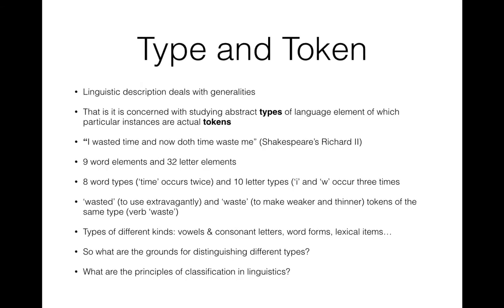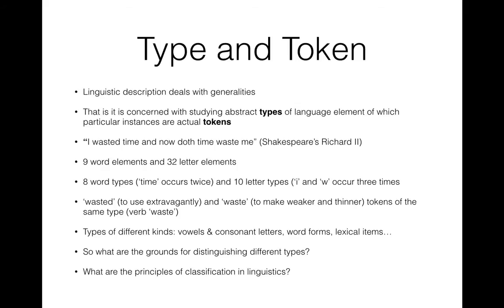Now, the first thing we need to understand concerning principles and dimensions of analysis is this dichotomy, type and token. Linguistic description deals with generalities. If you go to the field of general linguistics, many times they come up with generalities.